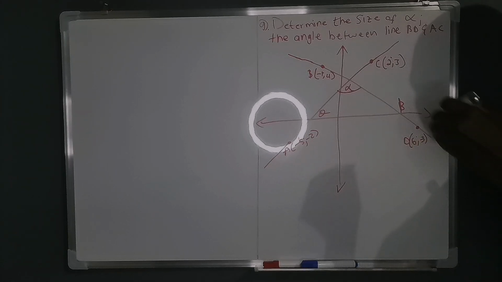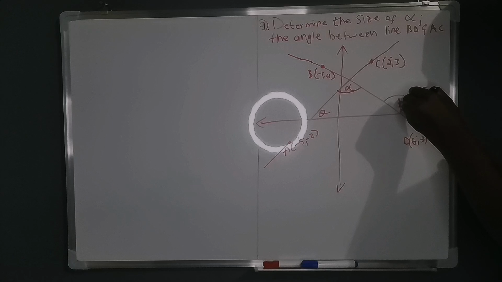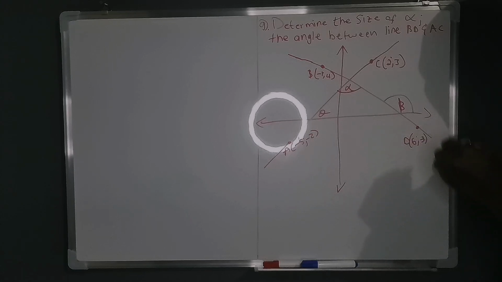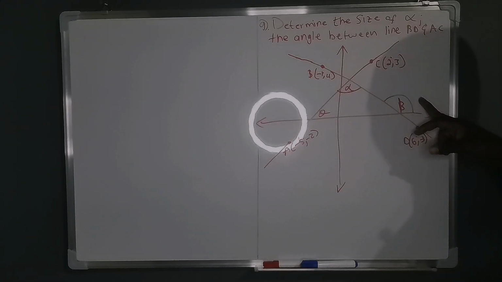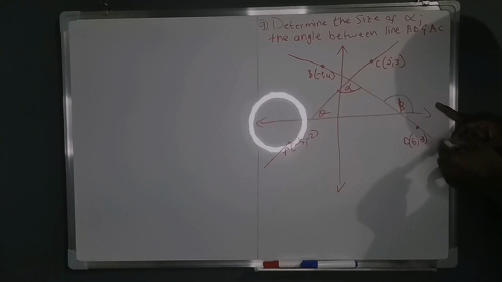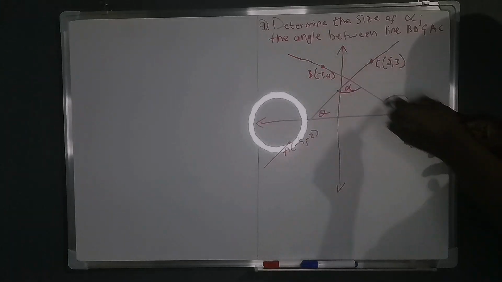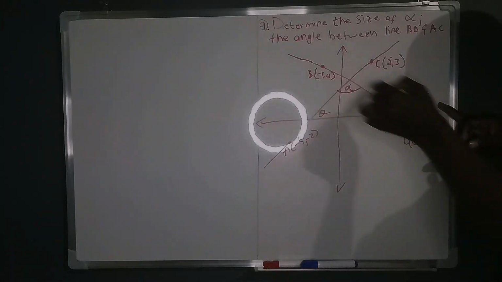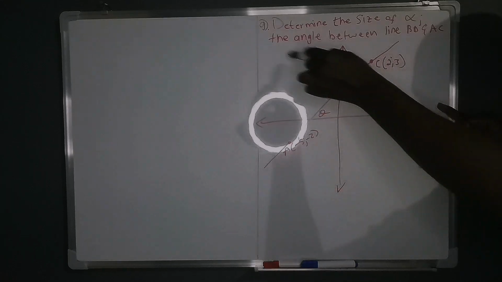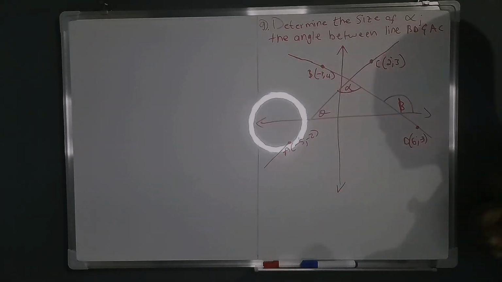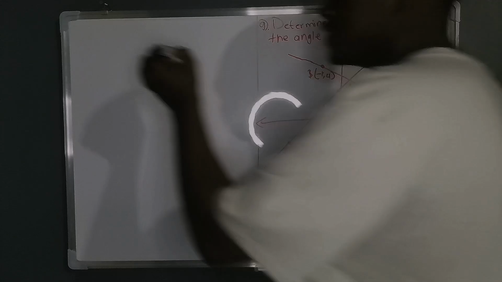Where is beta? Beta is the angle of inclination between our line BD and our x-axis. Now, I can find angle beta through finding the gradient of this line. Remember, inclination talks about tan theta.